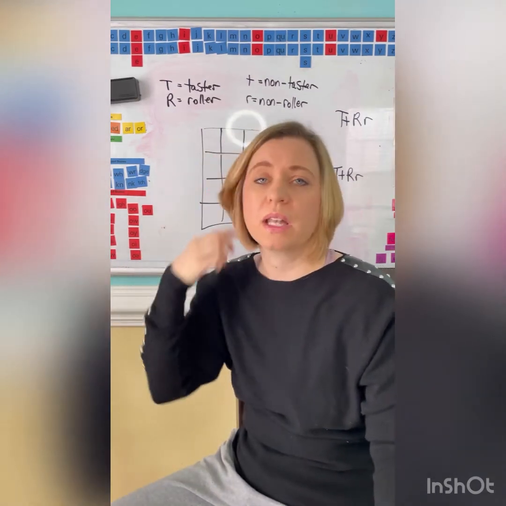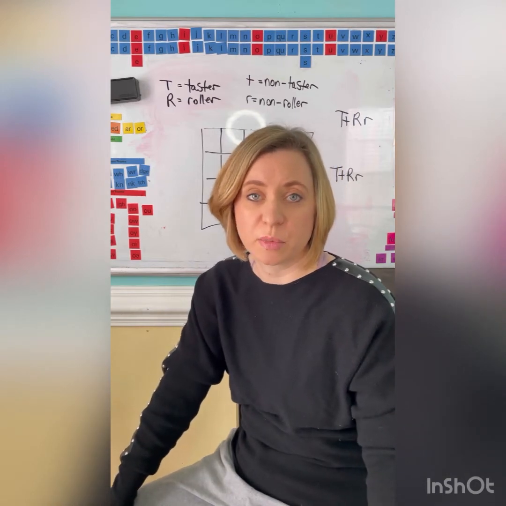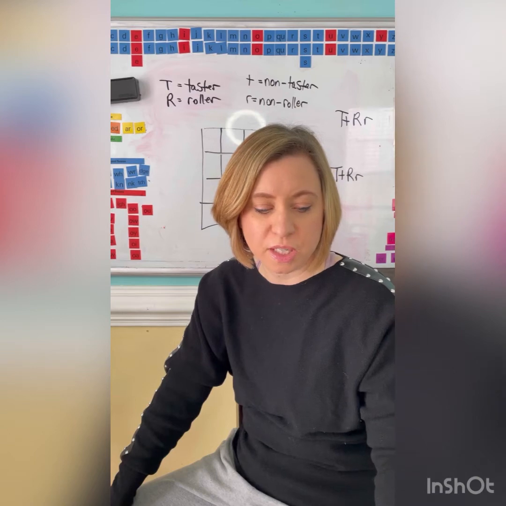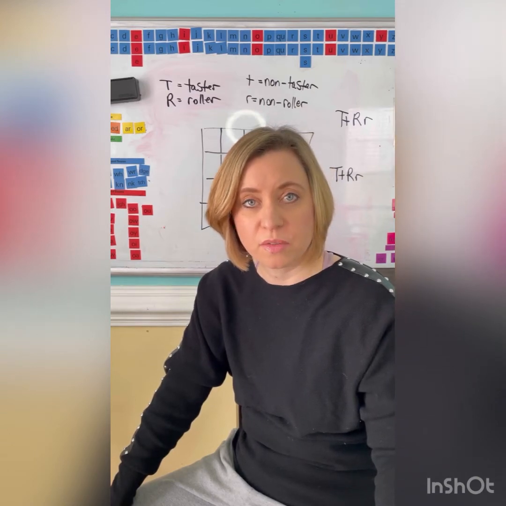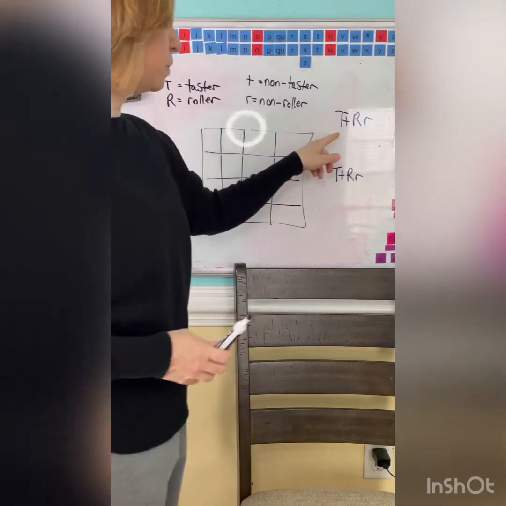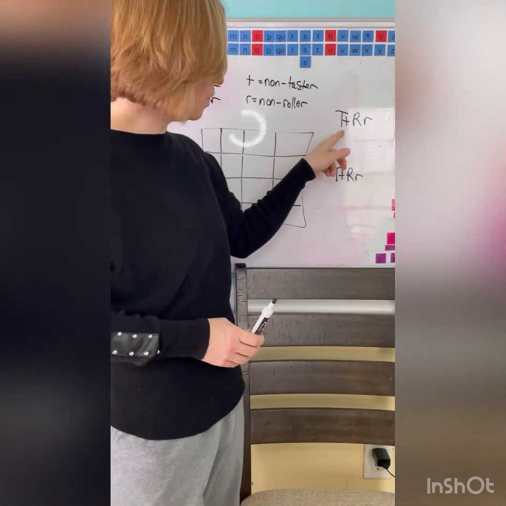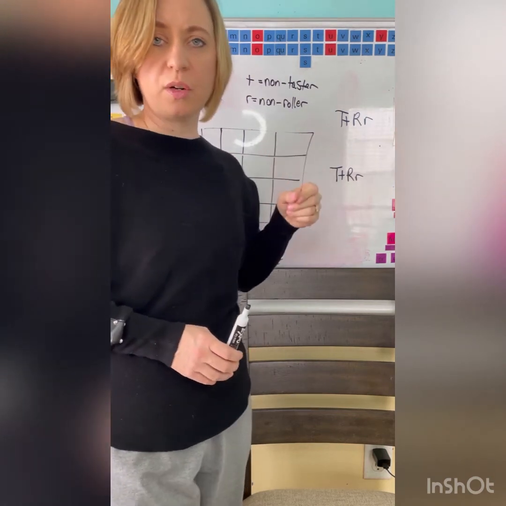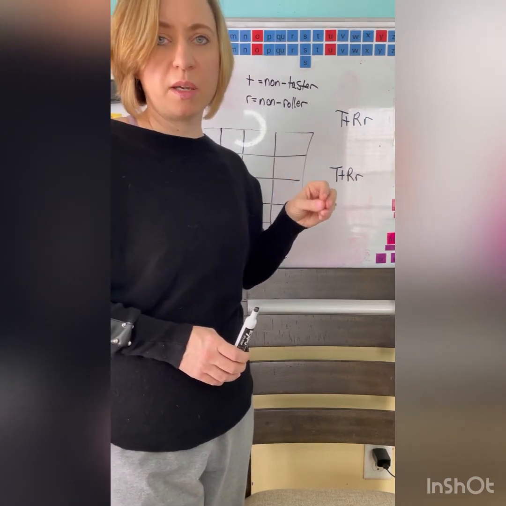The second part is a dihybrid cross. So it's important that you guys know how to do dihybrid crosses because it's going to be on your test. Okay, so it says that we have a heterozygous taster roller crossed with another of the same genotype. If you look here, this is what the genotype looks like. So we need to figure out what each of their gametes could look like.